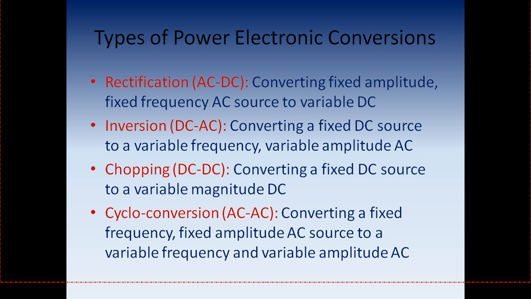And the second category is inversion. It is converting a fixed DC source to a variable frequency, variable amplitude AC. Where is it used? Inverters are used in backup power supplies, where you have batteries, you store electrical energy into the batteries, and when you're out of power in countries like India, you have an inverter that converts the DC power from the batteries into AC power.